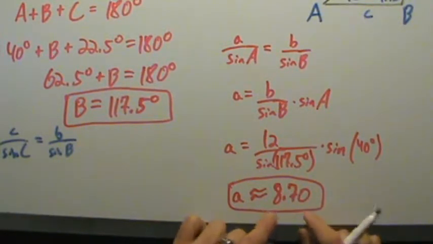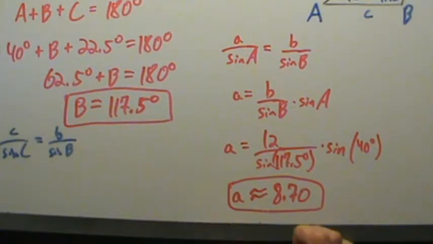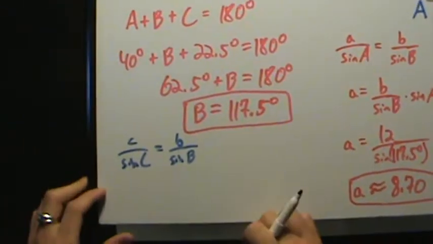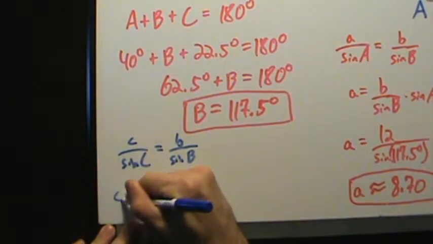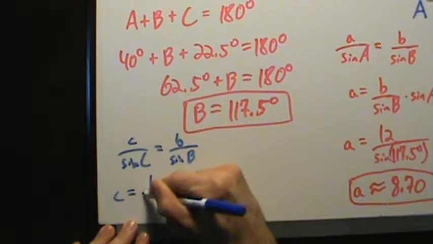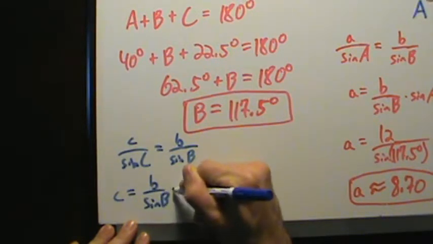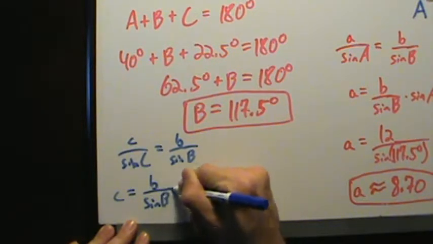It's best to avoid using the approximation if you can. Anyway, c over sine c equals b over sine b, so multiply both sides by sine c, and we get little c equals b over sine b times sine c.